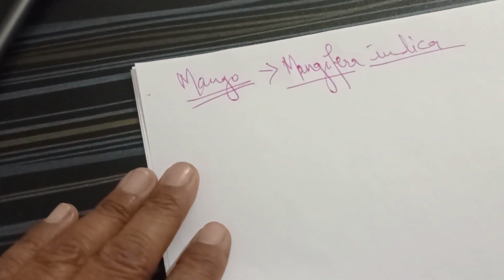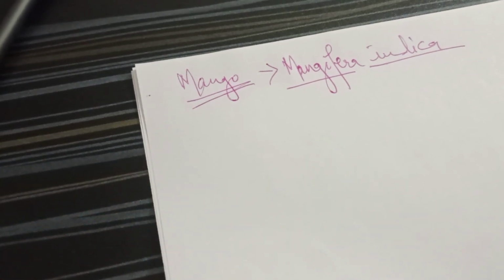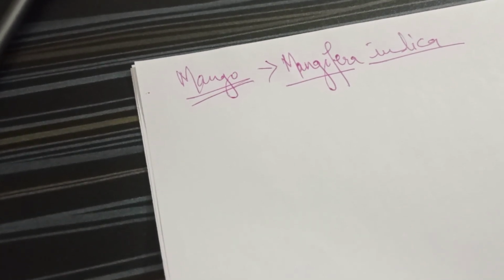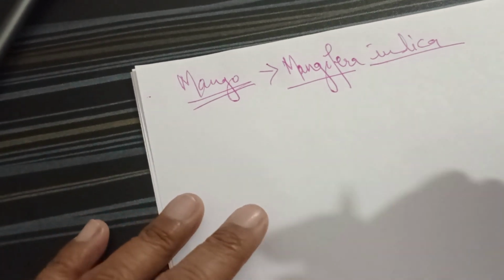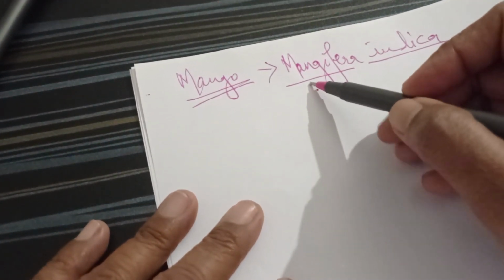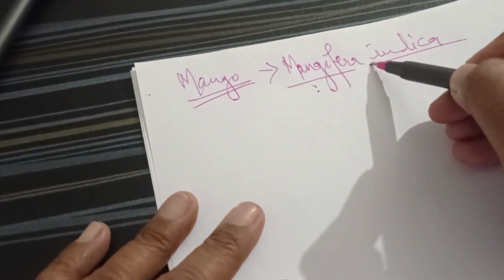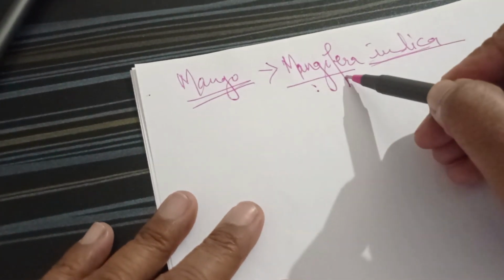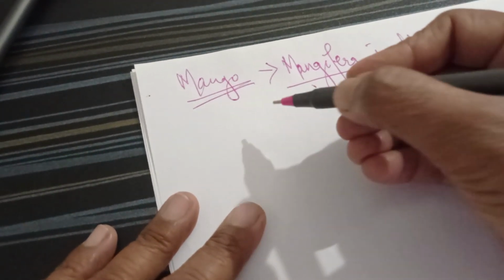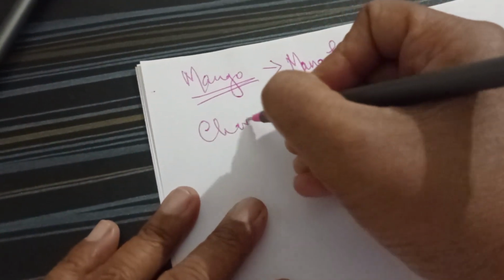Similarly, different organisms have been given different names. Now you can see that I have written the scientific name of mango. It is made up of two different words. So this is the characteristic of a scientific name.